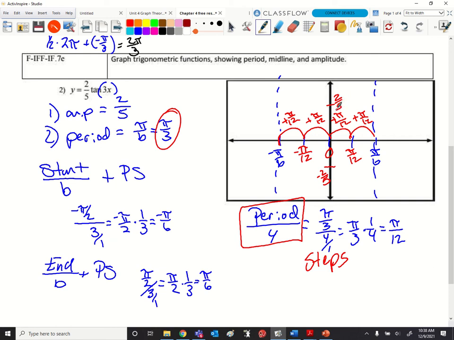At negative pi over 12, we got negative 2 over 5, so I put my dot right there. At 0, I got 0. And at pi over 12, I got positive 2 over 5. Since there's the diagonal here, it goes like this. Just like that. So that is 1 period.